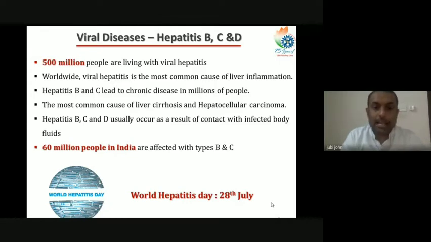Hepatitis types A and E are transmitted by the ingestion or intake of contaminated food or water. In the case of hepatitis B, C, and D, they are transmitted by contact with infected body fluids, such as by receiving contaminated blood or blood products, or by undergoing medical procedures with contaminated equipment.